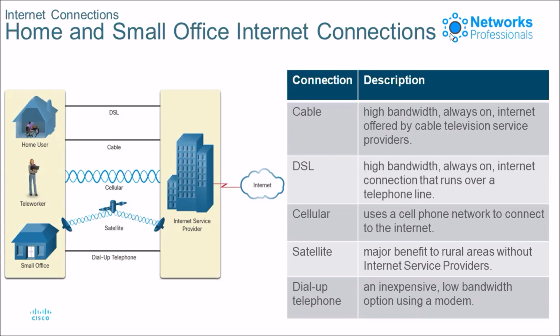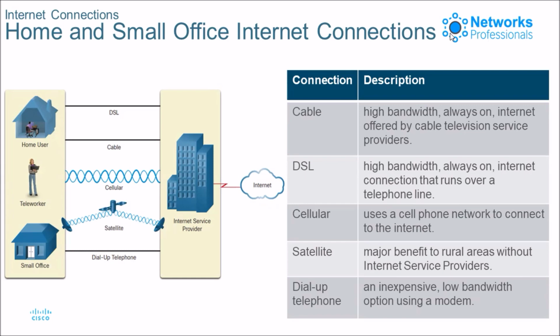Cable connections are typically offered by cable television service providers. The internet data signal transmits on the same cable that delivers cable television. It provides a high bandwidth, high availability, and always on connection to the internet. DSL connection. DSL, digital subscriber line, also provides high bandwidth, high availability, and always on connection to the internet.